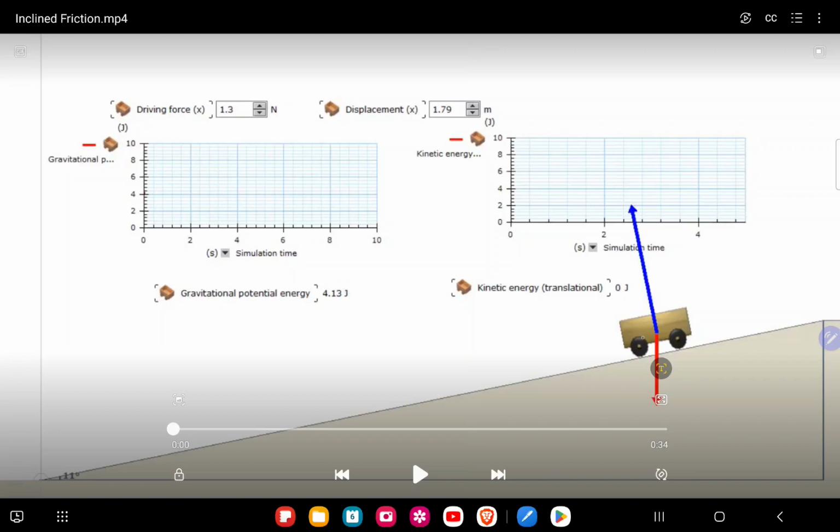Right at the bottom, as we mentioned in the previous example, without friction, the kinetic energy has to be 4 and the gravitational potential energy has to be 0. But since we have frictional force here, things will be a little bit different. Now, let's see what's going to happen here.